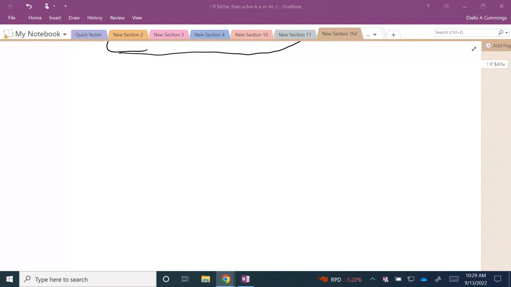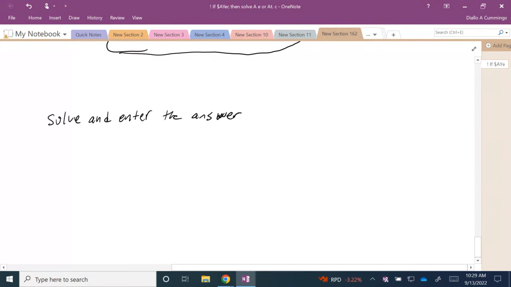All right, this looks like a good one. All right, so here we're asked to solve and enter the answer in interval notation, using U, that's that union symbol, to indicate a union of sets.